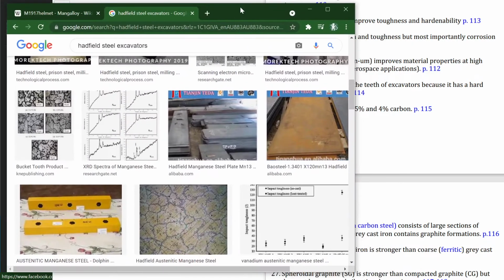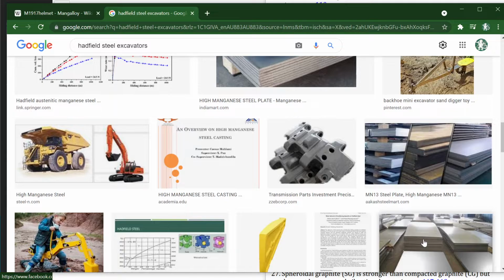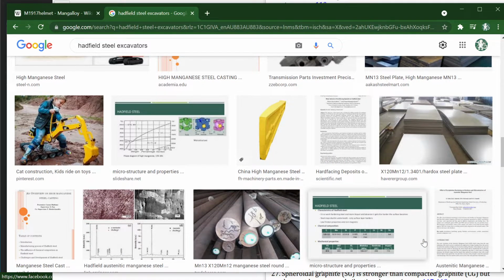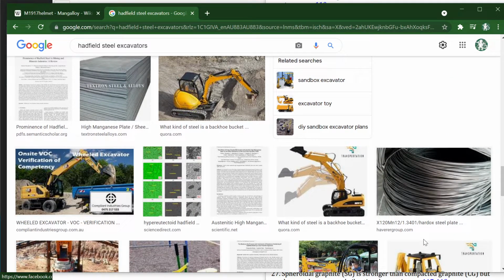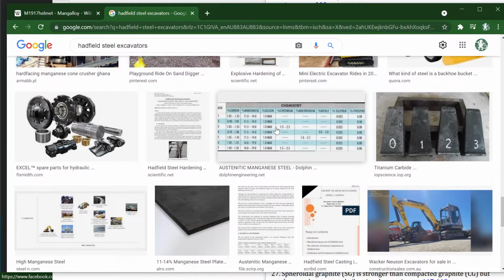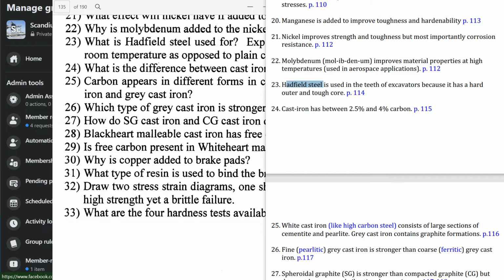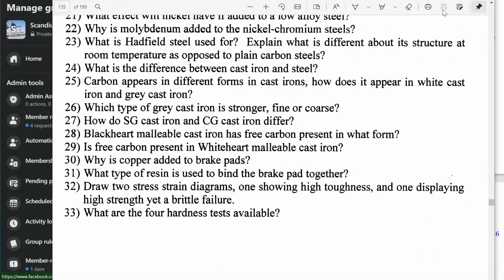If anyone finds me a good picture for Hatfield steel, I will take that on board. The backhoe bucket is made out of Hatfield steel. Maybe that's better than World War One helmets, which I'm currently using.